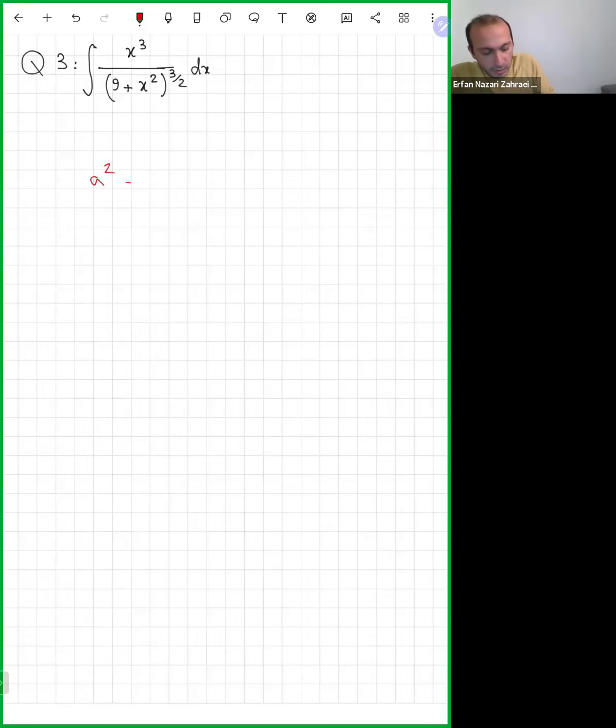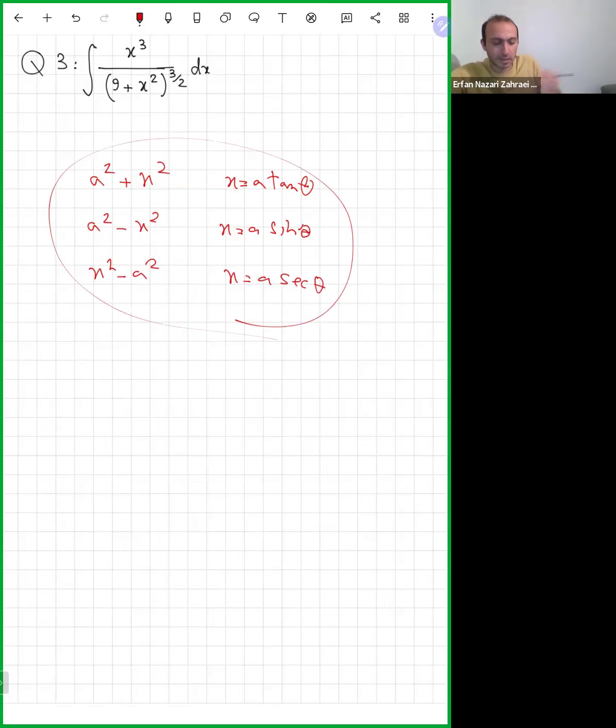Whenever I have a squared plus x squared, I would do x equals a tangent theta substitution. Whenever it's a squared minus x squared, I do a sine theta. And whenever it's x squared minus a squared, I do a secant theta. These are the choices of trig substitution. In this case, it's the tangent one.